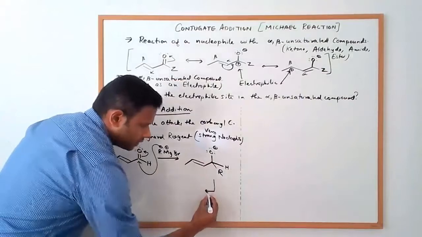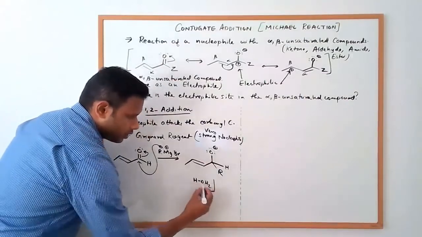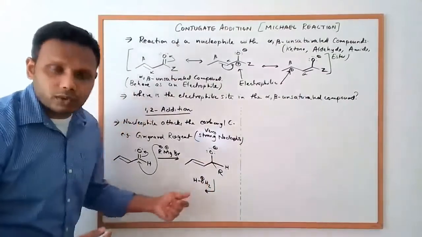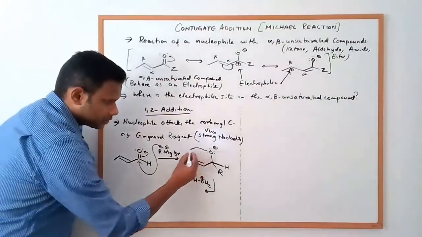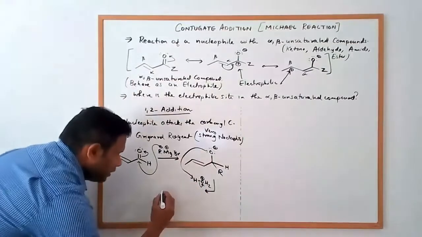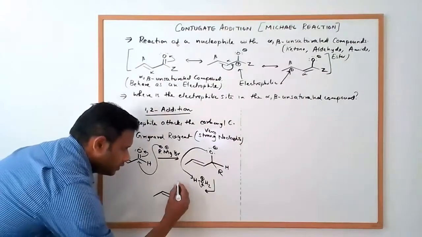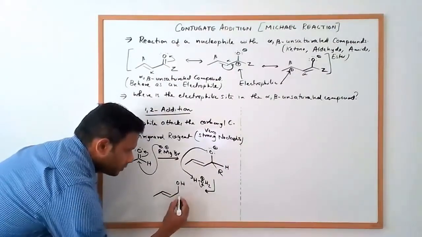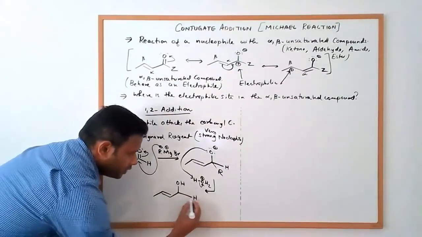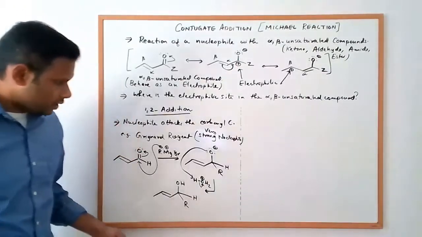Then in a subsequent step, we do a workup, or we protonate this oxygen. It would give us a product where we have OH, we have H here, and we have the R group here.